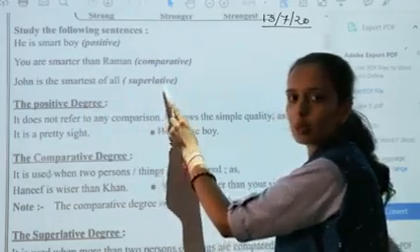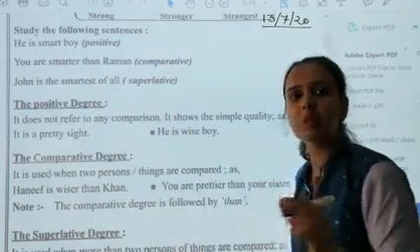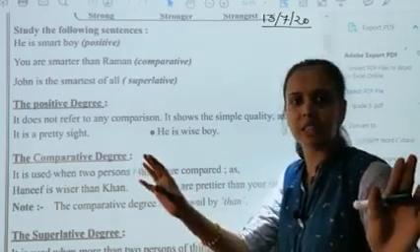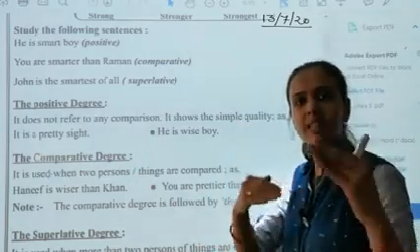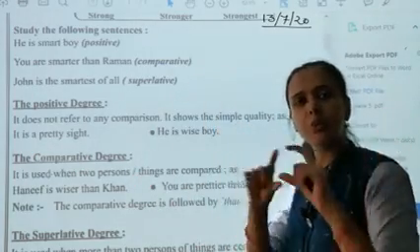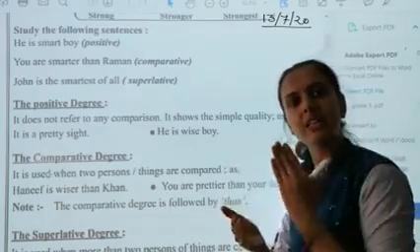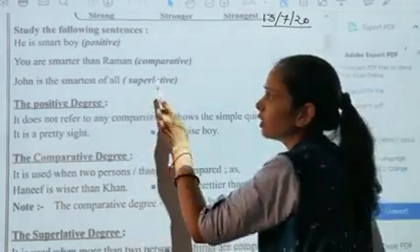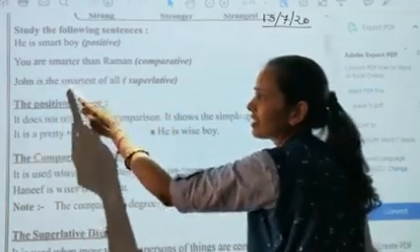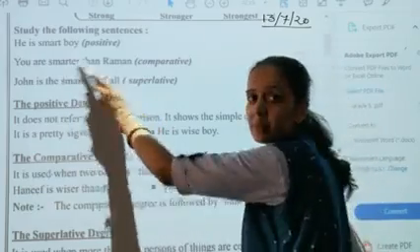Now come to superlative degree. Superlative degree means one who is best in everything. जो हमेशा सबसे बेस्ट है, that is super. From the word super only we can know कि the thing which is best. Superlative. John is the smartest of all. सबसे smart है.